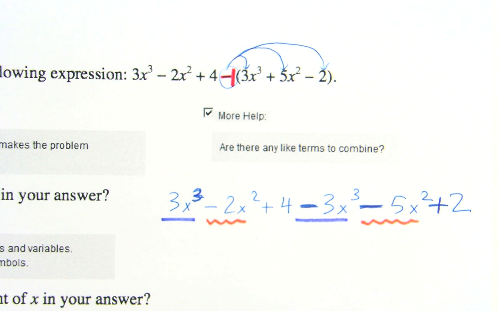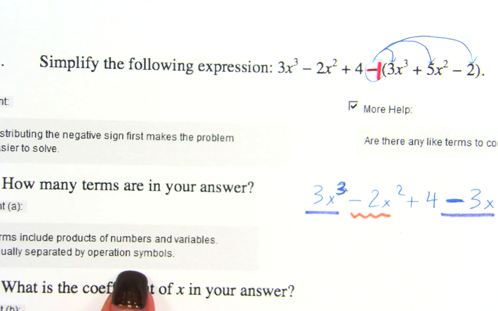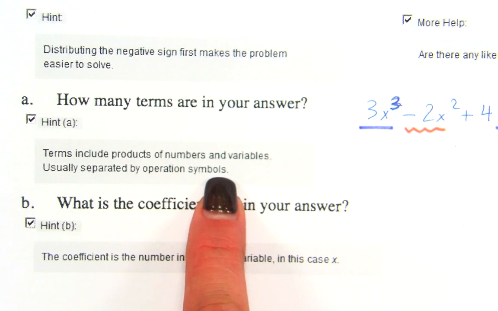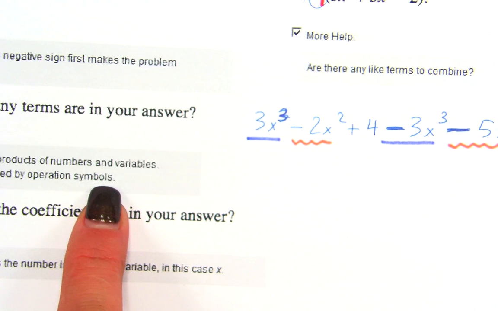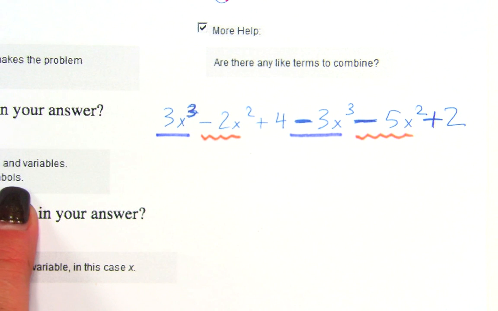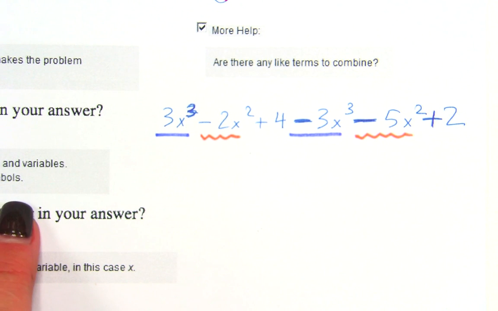When you gather all your like terms, you should get 2 terms left over, and I'll let you figure that one out. Something plus something else, okay?